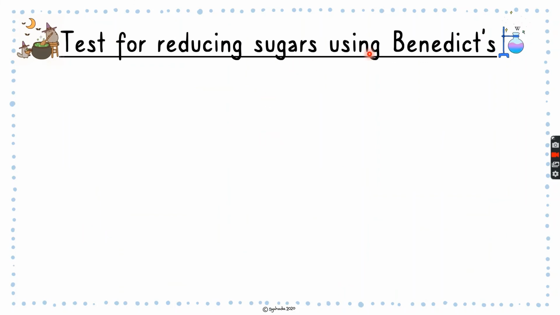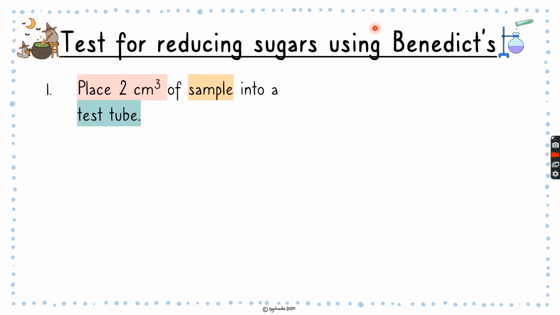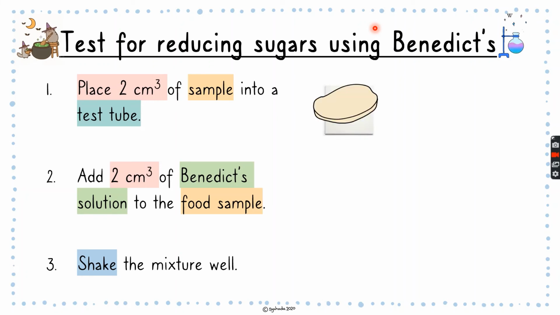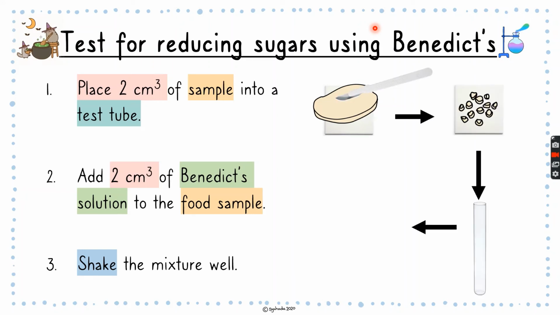Okay, so how do we test for reducing sugars, aka glucose, using Benedict's test? You place 2 cm cube of the sample into a test tube, then you add 2 cm cube of Benedict's solution to the food sample, and you need to shake the mixture. So you first get your white tile, get that food sample, cut it into pieces, then put it in a test tube.